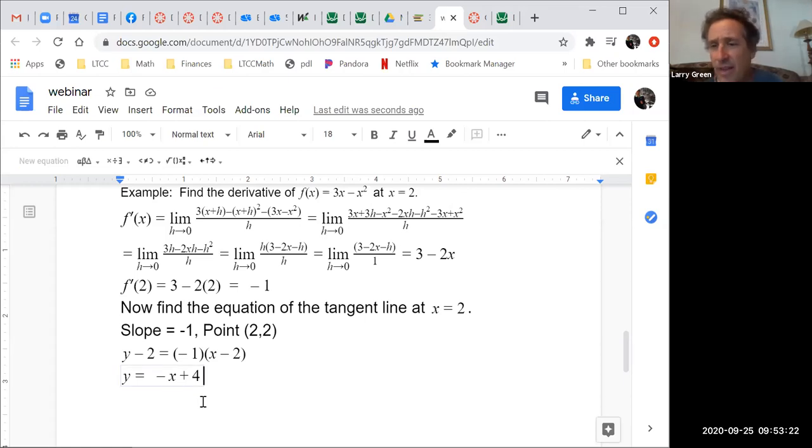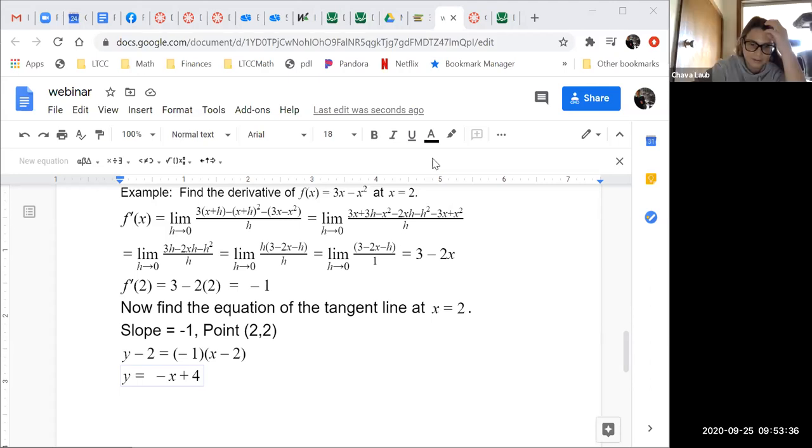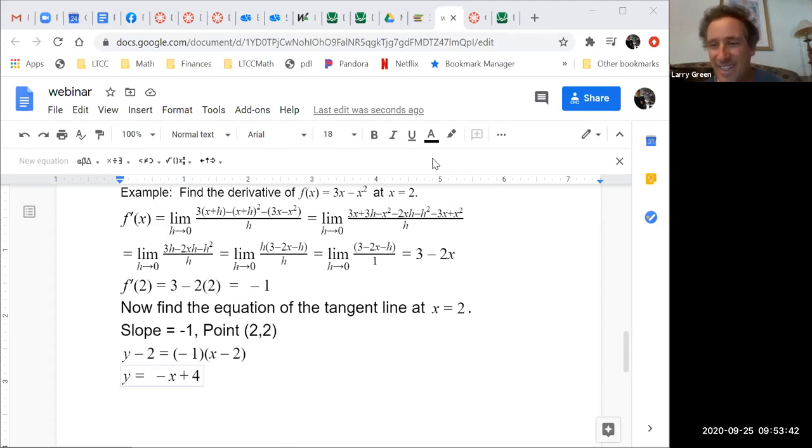Any questions on that? How do you check your work? What's a nice way of checking your work on the computer? That's a hint. Graph it on Desmos. Yeah, except I'm going to correct the grammar. Graph them on Desmos. So let's graph both f of x and the line y equals -x plus 4. Does that make sense?